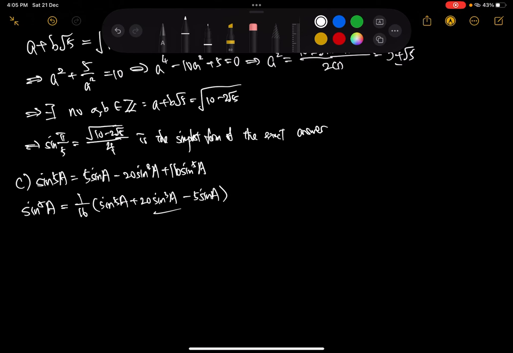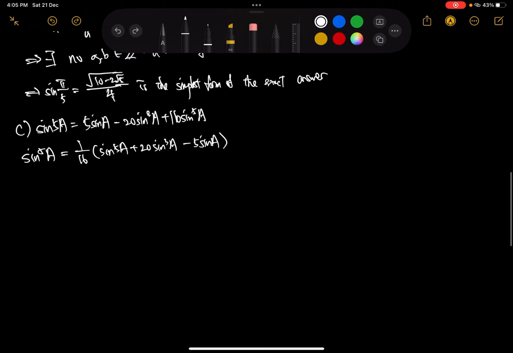And then this term is annoying, so let's go ahead and find what sine cubed A is. And then obviously we have, that's a plus, don't forget that.